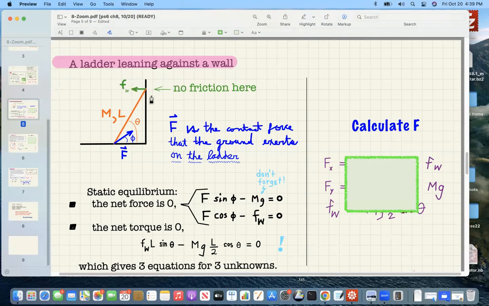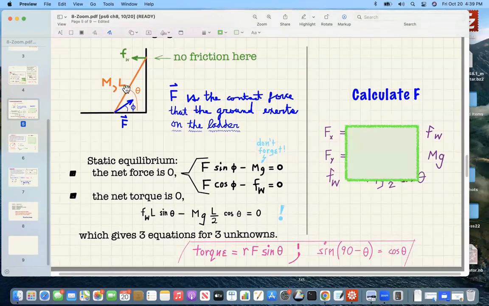There's also a contact force between the top of the ladder and the wall, and we'll say that the friction here is negligible. So why doesn't it fall down? Well, it's really the presence of the frictional force down here, plus the contact force of the ground. The contact force of the ground says the bottom of the ladder can't go down into the ground. The frictional force says it can't go sliding off this way. So there's some contact force with the ground.